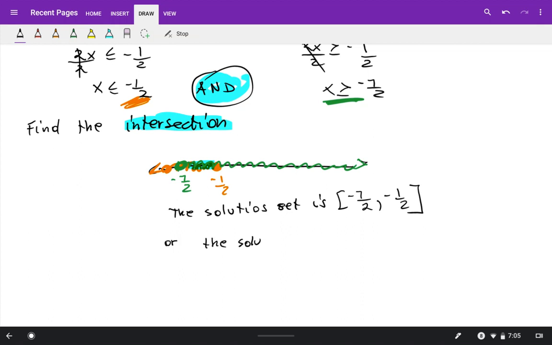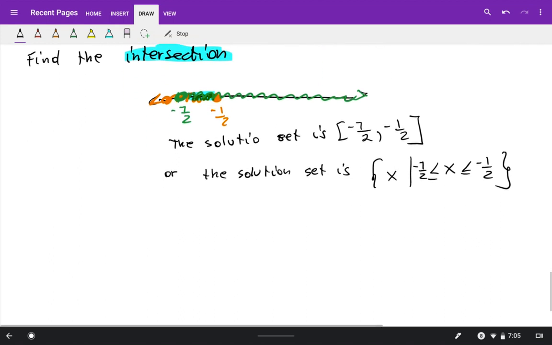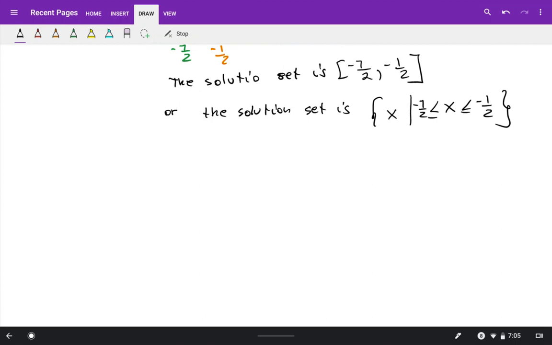The solution set is, and this is using set builder notation, all the x's such that x is between negative 7.5 and negative 1/2. That also can be the solution. So it depends how they want you to put the solution, using interval notation or set builder notation. Okay. So let's do more. One more. Let's practice more.